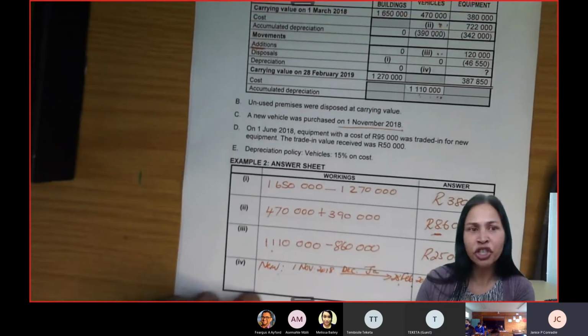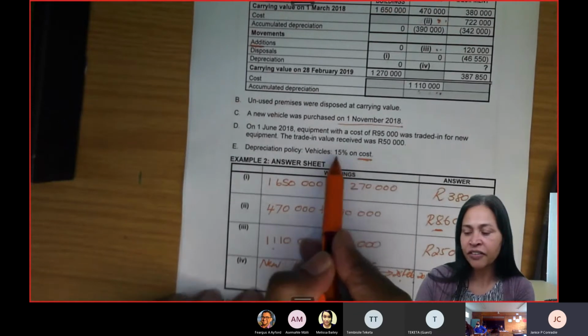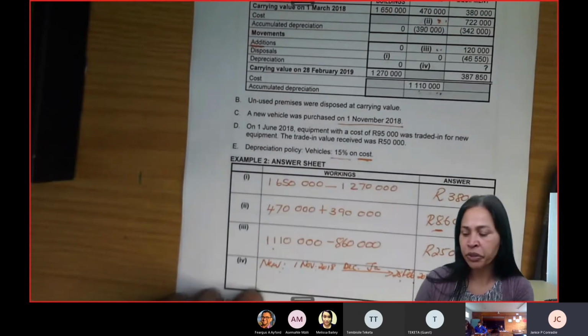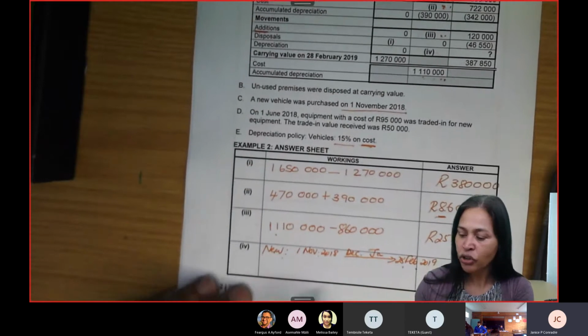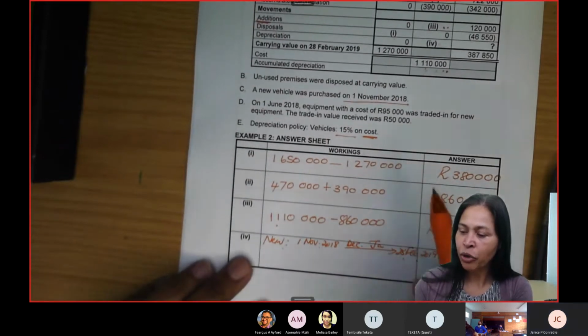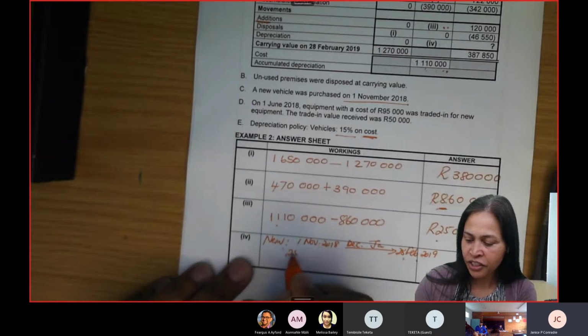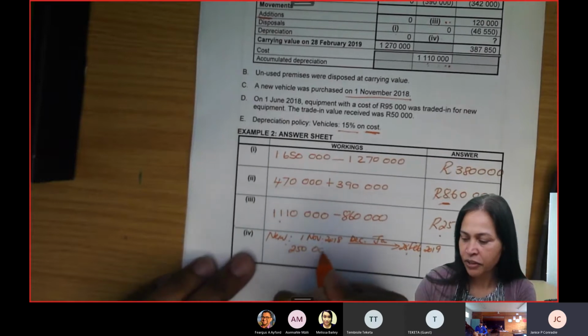Which method of depreciation is being used? It clearly says here on cost, and it gives us the rate of 15%. So what is the cost of the vehicle that I'm looking at? I'm looking at my new one. The cost of that new one we've determined here by number 3 is my 250,000.